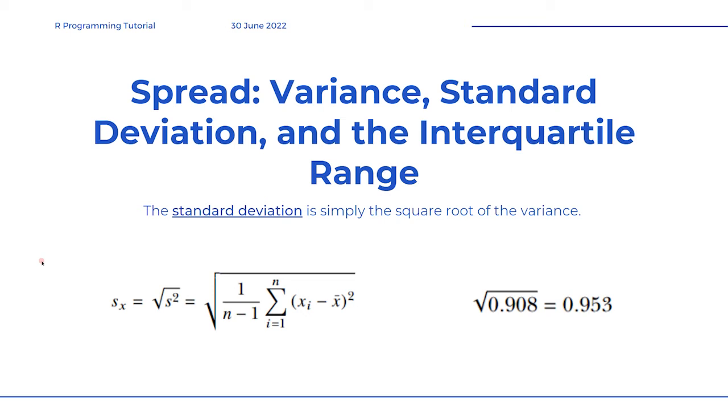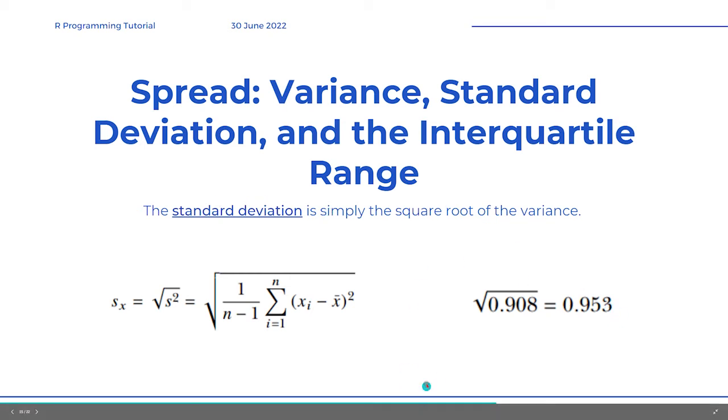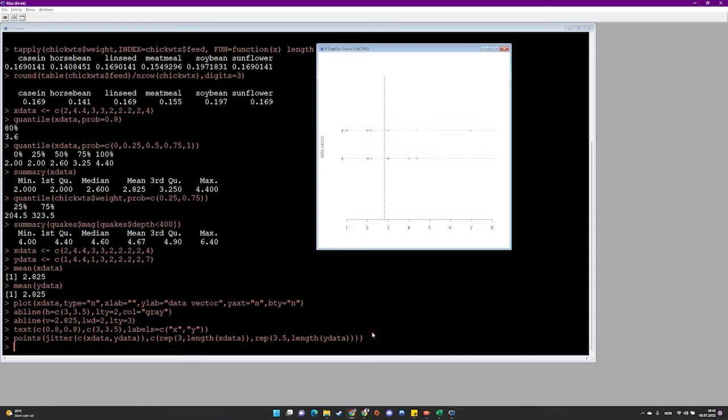A rough way to interpret these values is that 0.953 represents the average distance of each observation from the mean. So the mean that we have is 2.825, and 0.953 is the average distance of each of the values from the mean.